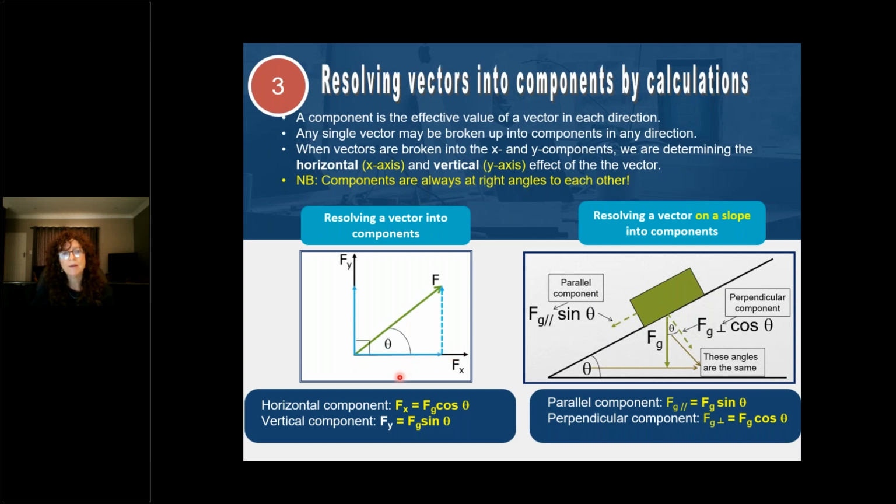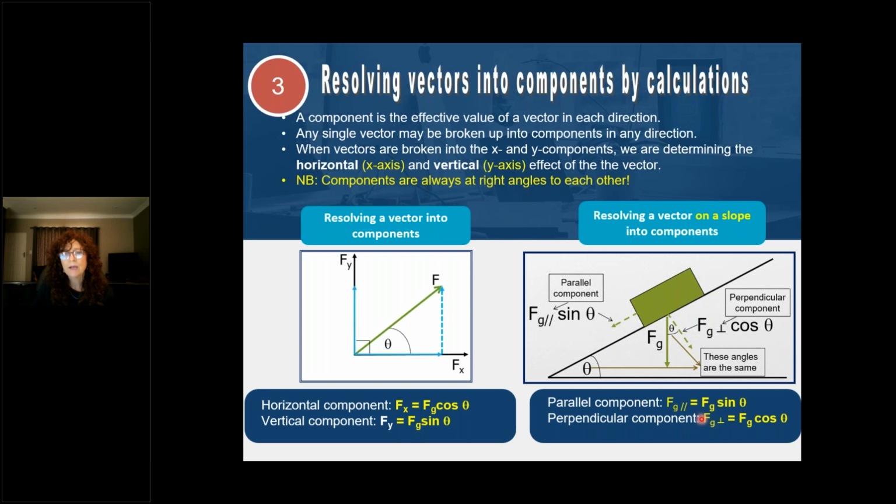By breaking up this single vector into two different vectors, you have to make sure that you understand which one is the Fy direction and which one is the Fx. Fx is F cos theta because it's adjacent over hypotenuse. So that's why it's cos and adjacent. Make sure that you understand the difference between the cos and the sine, why the one is cos and the other one is sine.